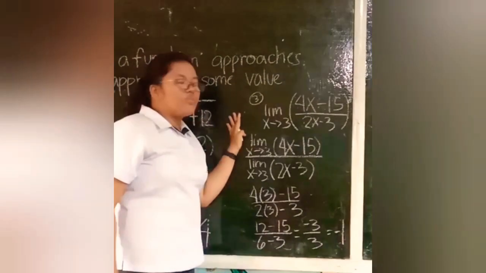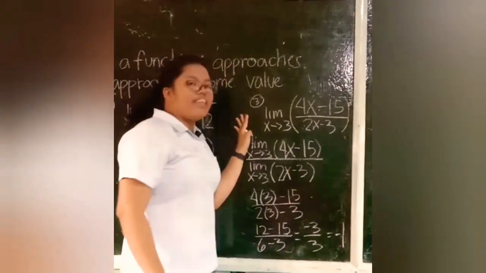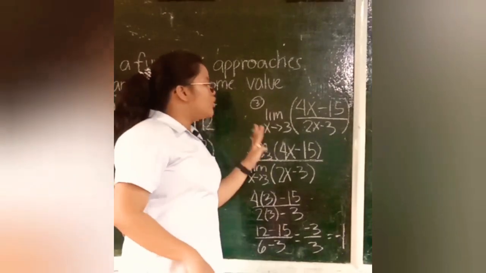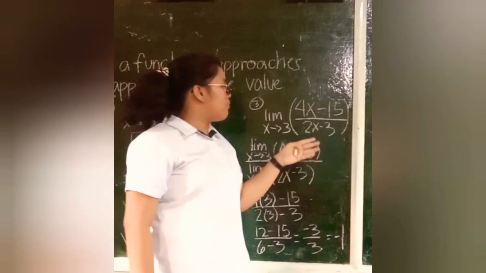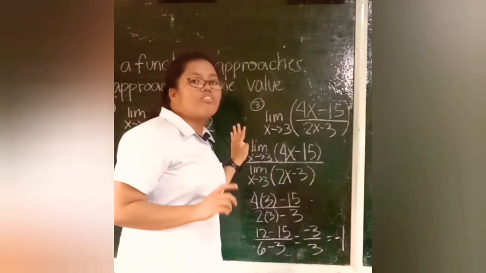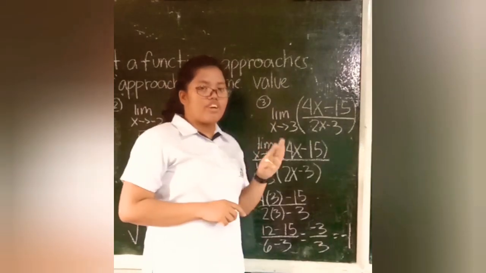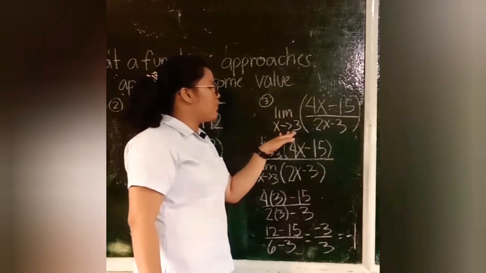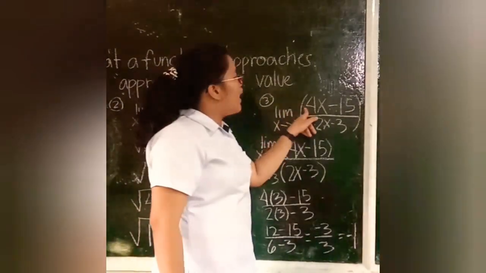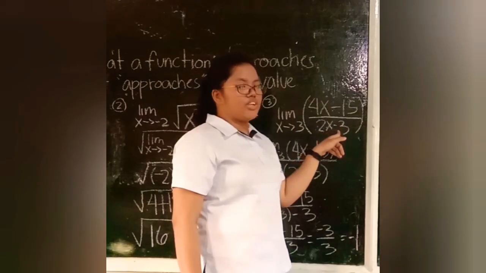Another example, we're going to deal with a quotient. So when finding its limit, we have to make sure that the denominator is not 0, because we cannot divide by 0. It's going to be indeterminate or undefined. So we're going to find the limit as x approaches 3 of (4x minus 15) over (2x minus 3).